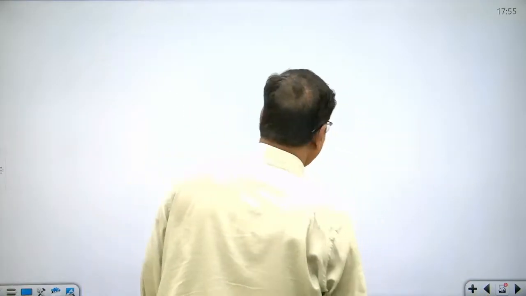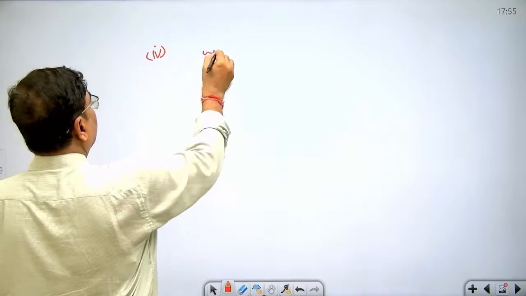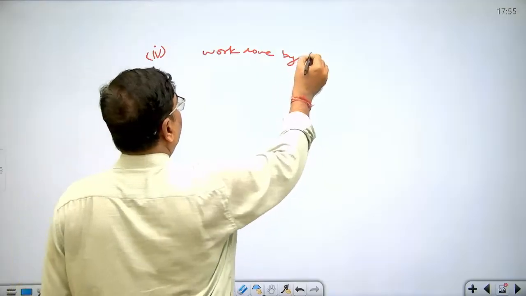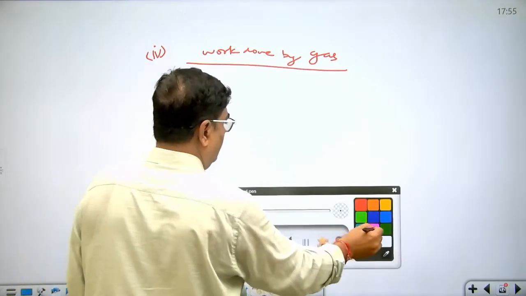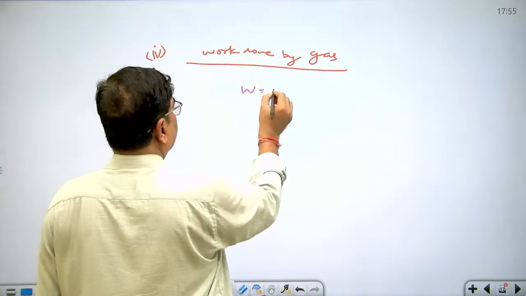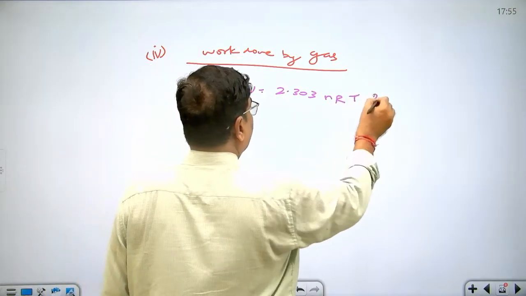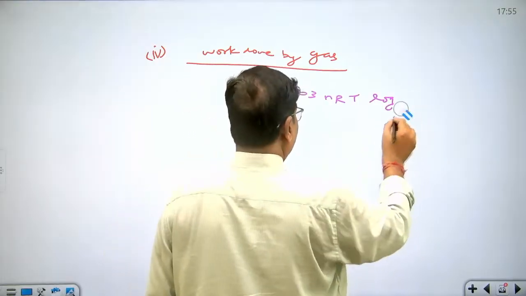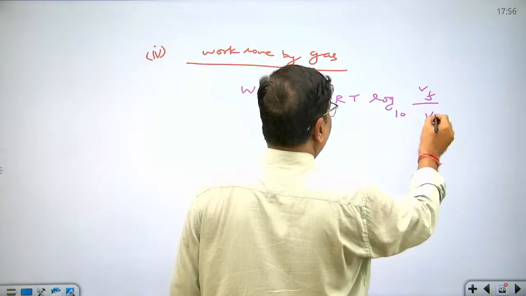If we talk about the work done by gas in isothermal process, dear student, this is 2.303 nRT log10 V final upon V initial.